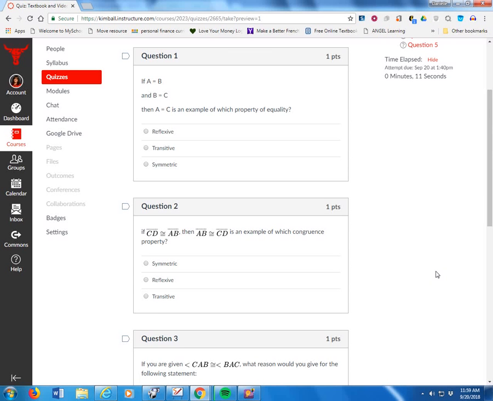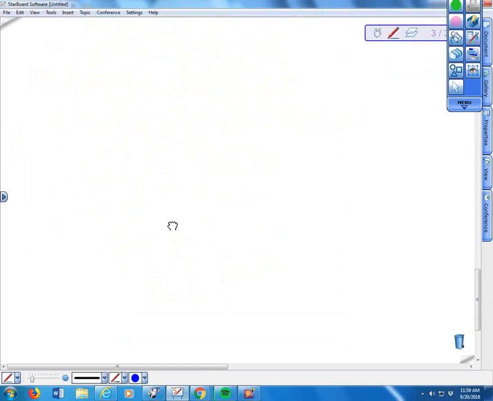Transitive. If A equals B and B equals C, then A equals C. That's the transitive property.